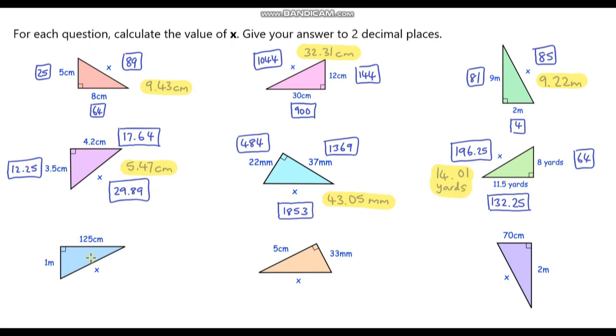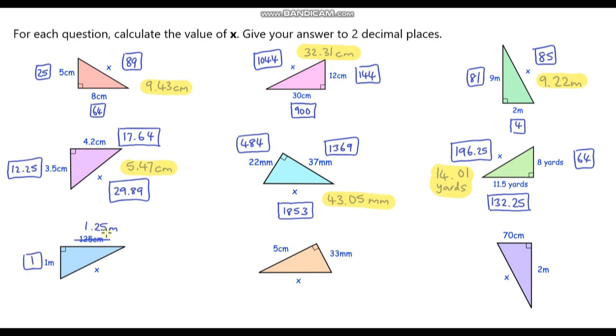Now question 7, you need to be really careful because notice the units are different. So we can't use these values because we're dealing with different units. We're either going to have to convert everything into meters or everything into centimeters. So I think what I'm going to do is convert everything into meters. So 125 centimeters, well, that is the same as 1.25 meters. And now I can do my workings out. So 1 squared, well, that's obviously nice and easy.